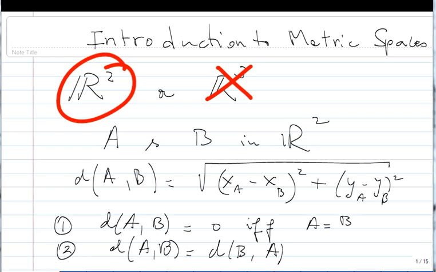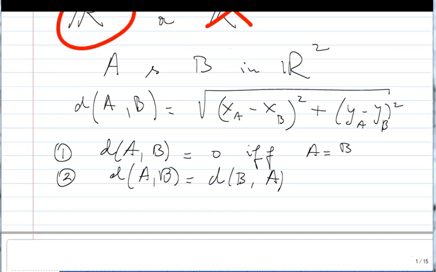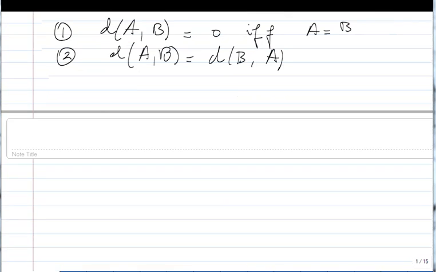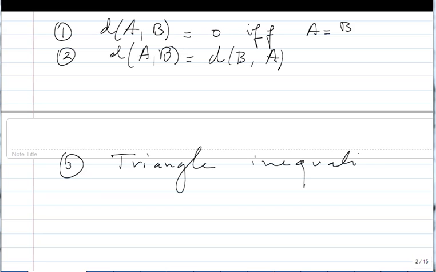And the next one is a little bit tricky. Really, the next one is tricky. It is known as the triangle inequality. The reason why we call it the triangle inequality has something to do, from a purely geometric point of view, with the triangle.